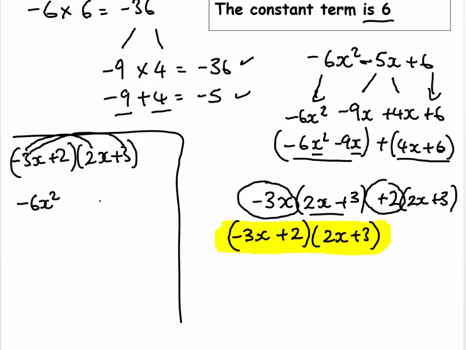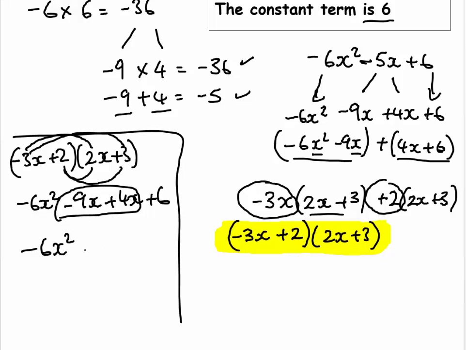Minus 3x times 3 is going to be minus 9x. 2 times 2x is positive 4x. And 2 times 3 is plus 6. Simplifying these, minus 9x and the positive 4x will give you a final answer of minus 6x squared minus 5x plus 6. So we know that this is correct.